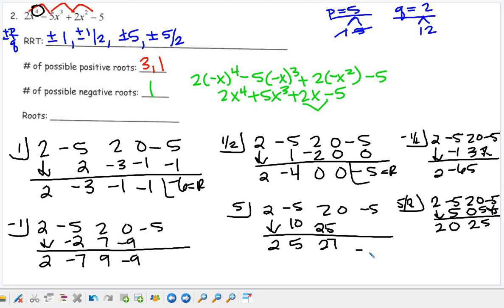And let me try -5/2. Let me make sure these aren't all imaginary. I may have mistyped the problem.